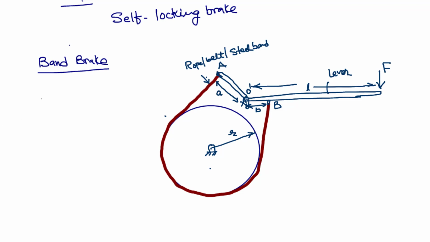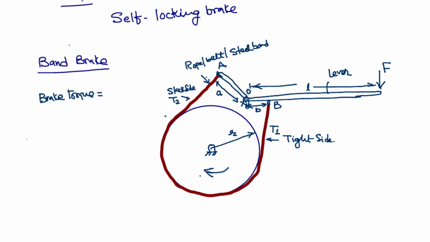Now, brake torque. Brake torque is equal to the tension difference multiplied by radius R. When the brake drum rotates clockwise, then this side is the tight side, meaning the tension of this side is T1, and this is the slack side of the belt with tension T2.